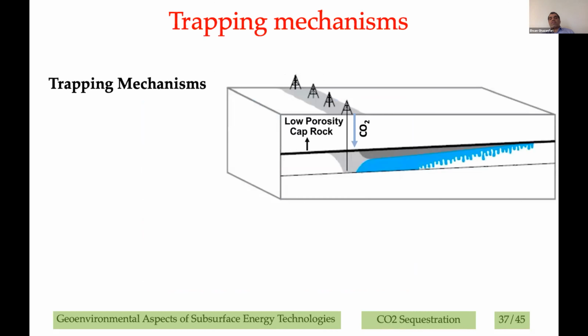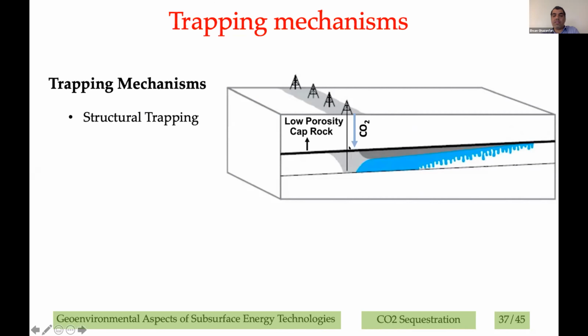So in terms of trapping mechanisms, when this CO2 is injected underground as a supercritical fluid, there are different trapping mechanisms that will help keep the CO2 underground. These include the structural trapping, which is typically a low permeability cap rock.